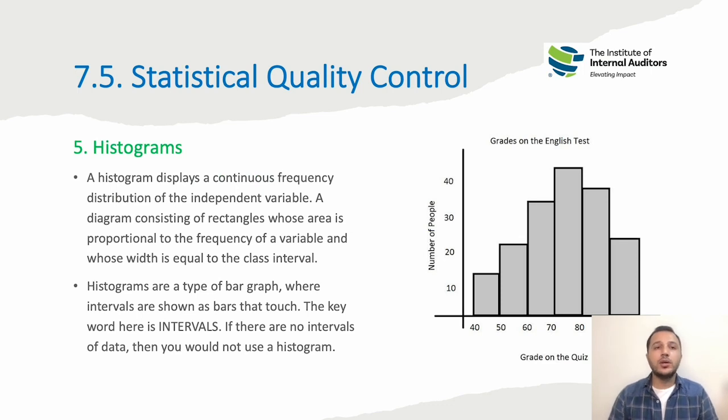Again, to assess the quality control, you can use the data and chart it out in the form of histograms. Histograms have thick bars, and the thickness of each bar is equally distributed in the graph because it shows a regular interval.